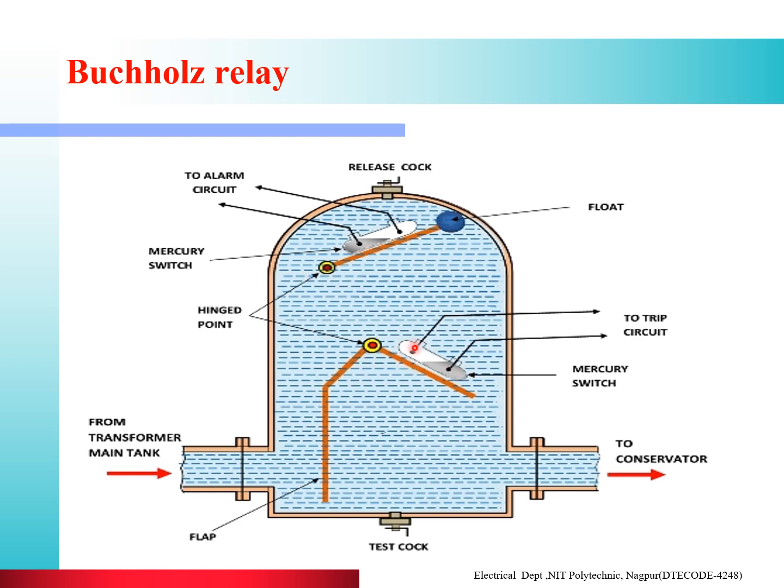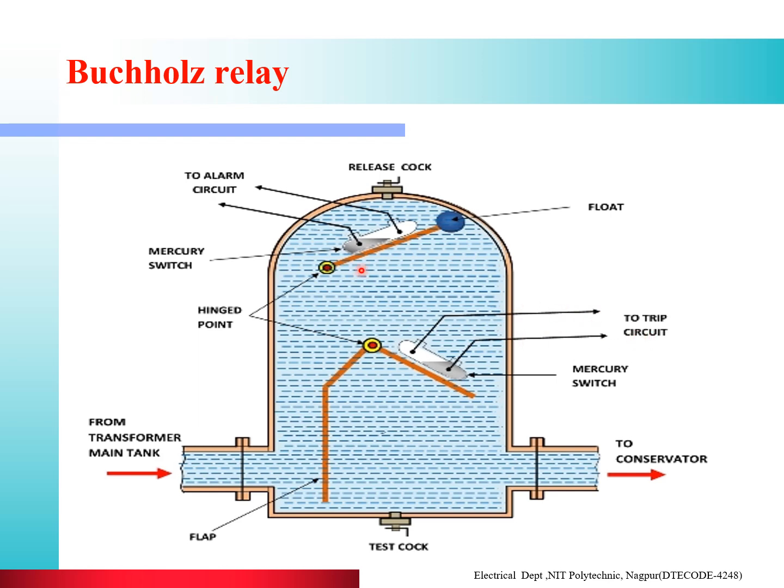There are two mercury switches, lower and upper. This is the upper float and again a second mercury switch. Here these two terminals are connected to the alarm circuit, and the lower mercury switch terminals are connected to the trip circuit.